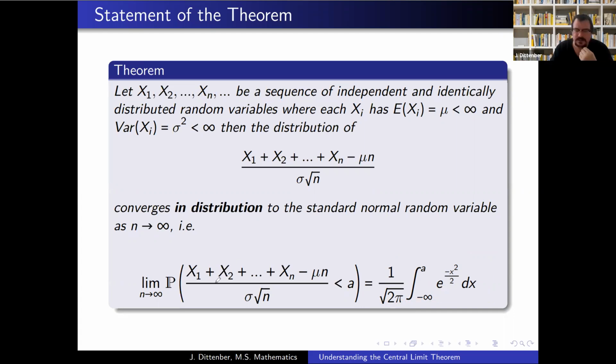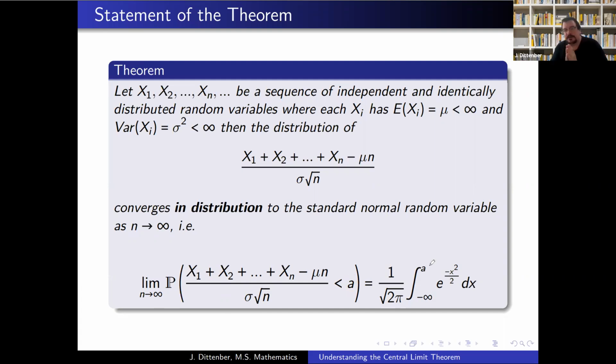And so what is sort of amazing and encoded in the fabric of the cosmos, essentially, because this is so applicable in so many different disciplines and fields, from sociology to quantum physics, is that as n goes to infinity, we can calculate the probability that the summation is less than some value a by integrating over this PDF from negative infinity to a.